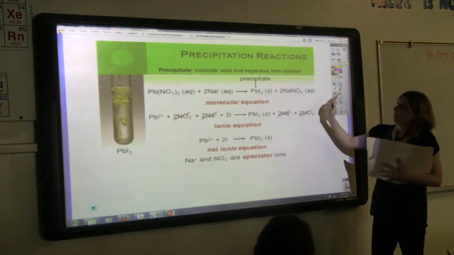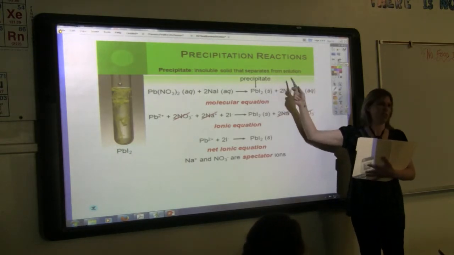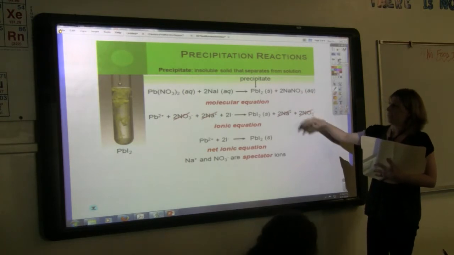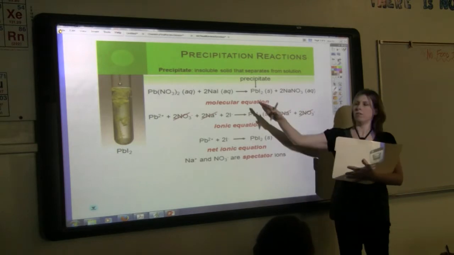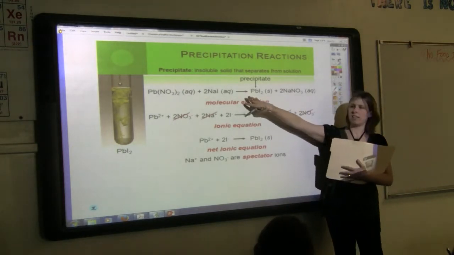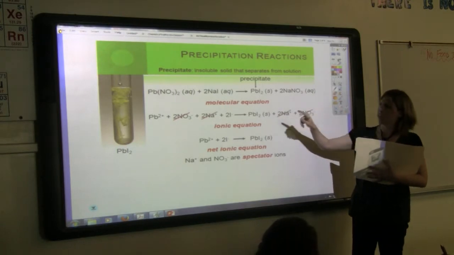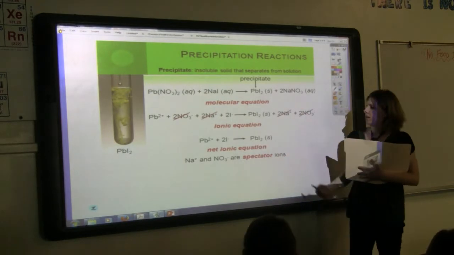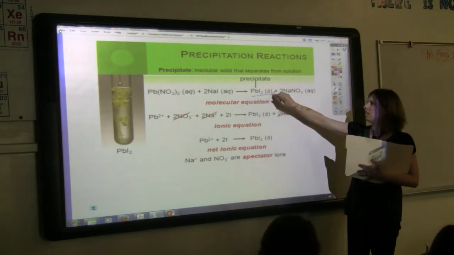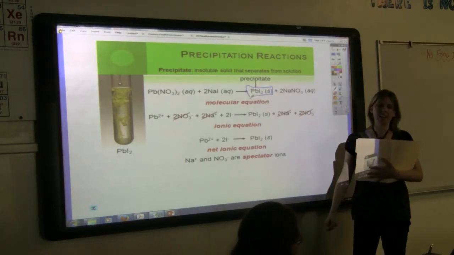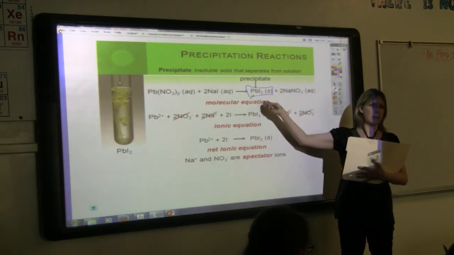Alright. I don't necessarily care as much that this says precipitation reaction. What I want you to see is the net ionic equation. So if I give you a reaction, either written out in words or given to you like this, and I said find the net ionic reaction, you're going to look for only the things that form that solid. So if I look at this, this is my solid. So the net ionic equations are only the things that are relevant to making that solid.